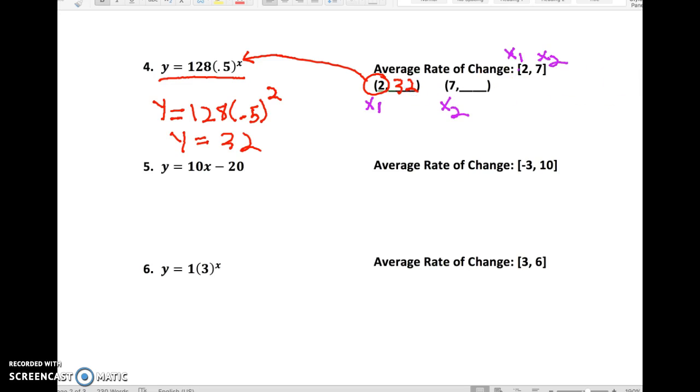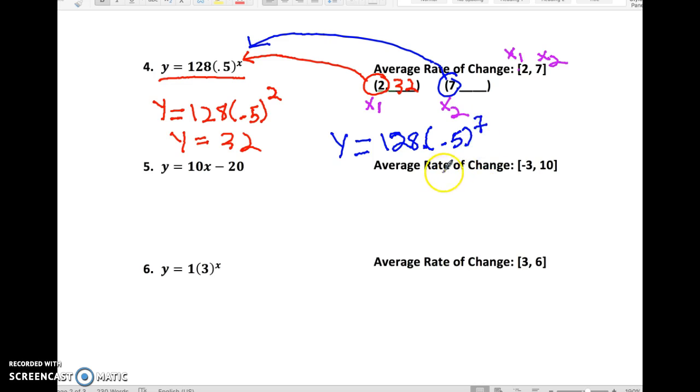Now I have to find what I get when I put 7 as my input into this x. If I put 7 into this x, I have y equal to 128.5 raised to the 7th power.